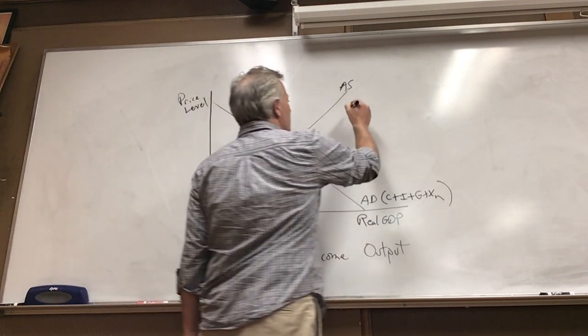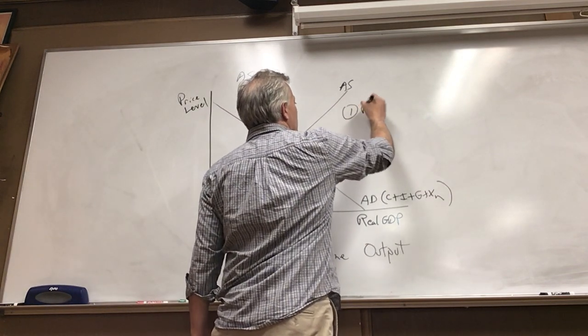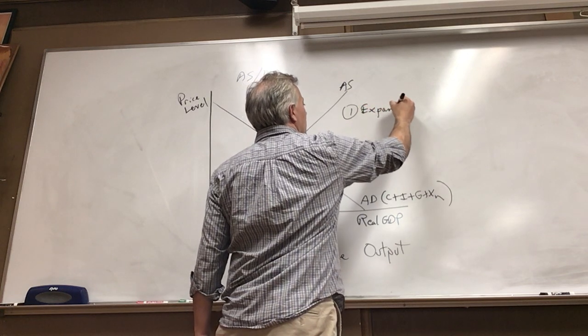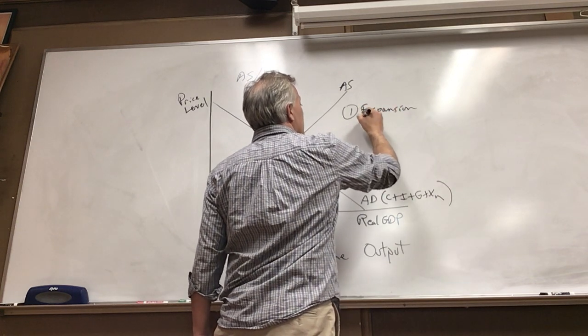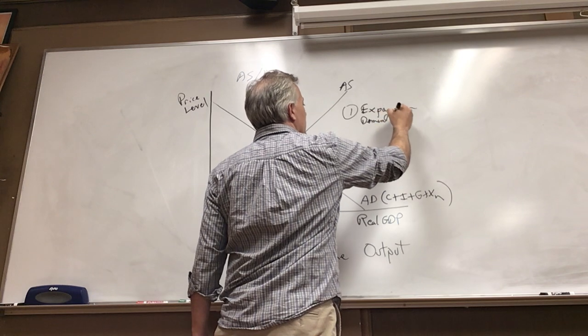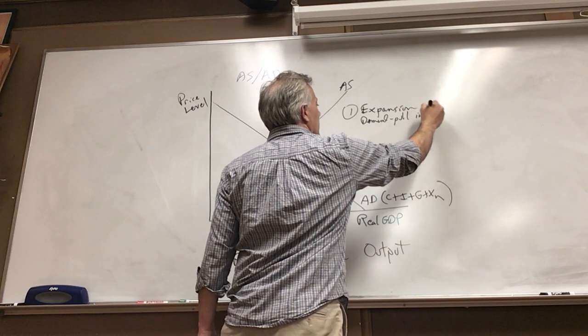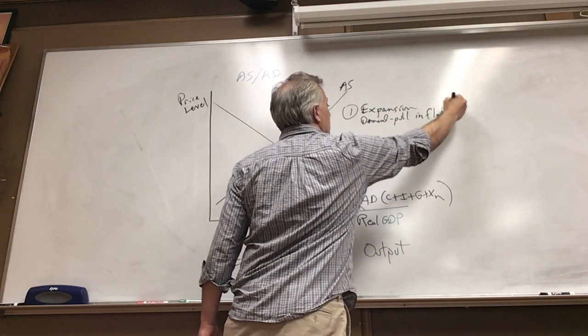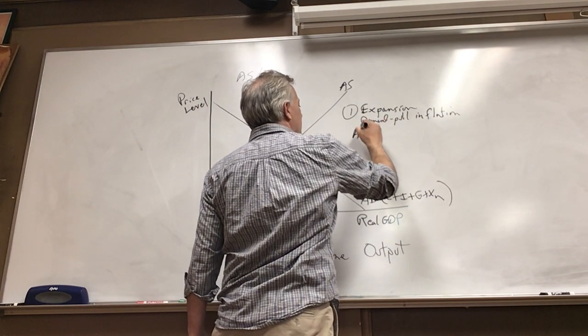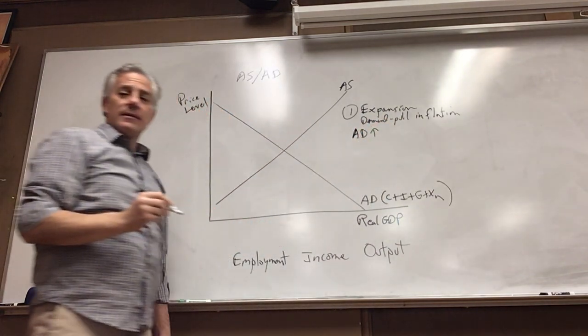All right, so number 1, expansion, also known as demand pull inflation. And that is an increase in aggregate demand, okay?